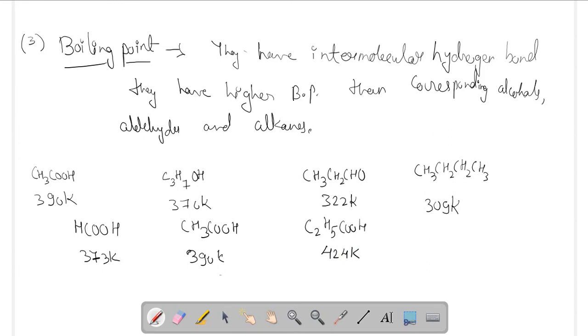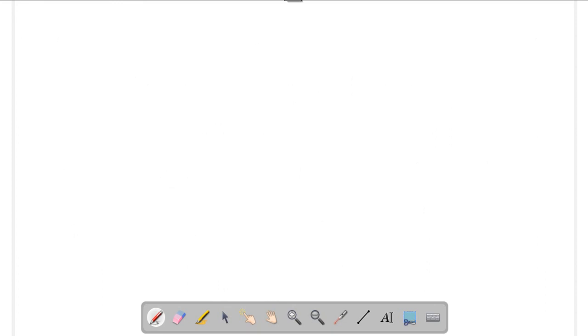So with the increase in the number of carbon atoms, the boiling point gradually increases. Next physical property is the melting point.